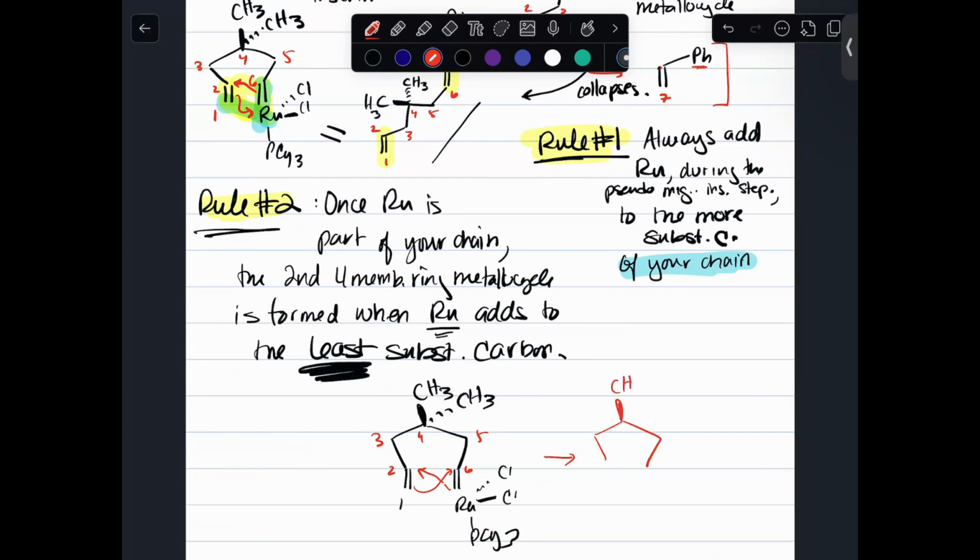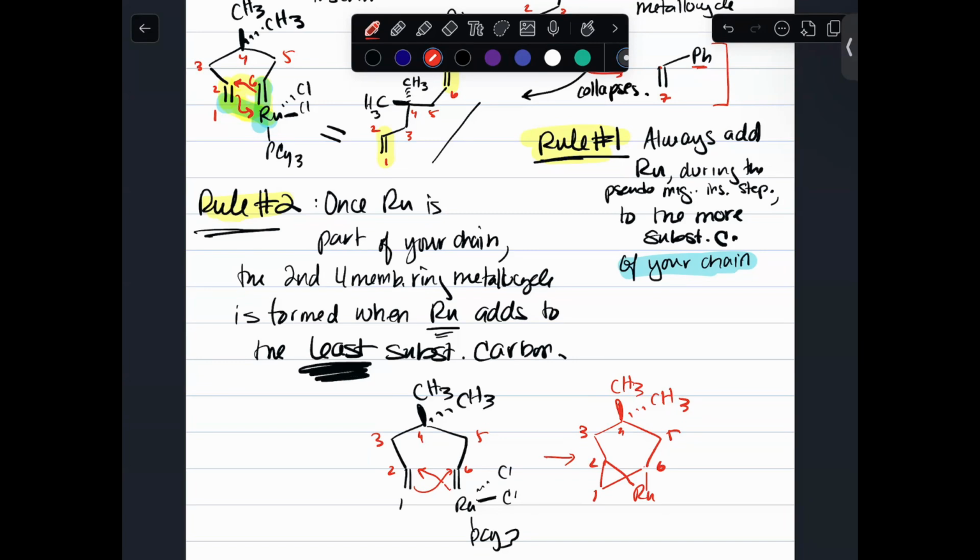And I know I've stopped drawing it in black. That's because it's really a mess. 2 is now bonded to ruthenium, and 6 is now bonded to carbon 1. But carbon 2 is still bonded to 1, and carbon 6 is still bonded to ruthenium.